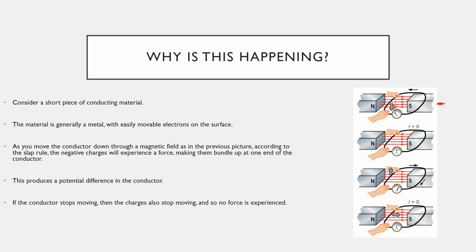You can use your left hand, because we're talking about electrons. So the left hand slap rule: if the electrons are moving down, stick your left hand out in front of you. The electrons are moving down through the magnetic field, so your thumb is going to be pointing down in front of you, and the field lines are pointing to the right, so your fingers are pointing towards the right.